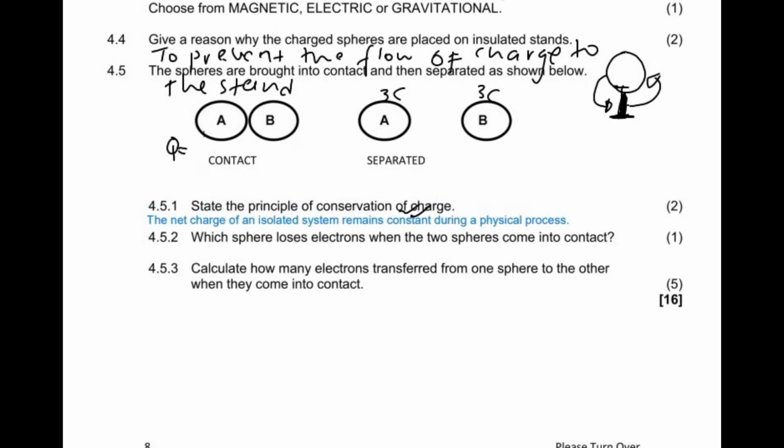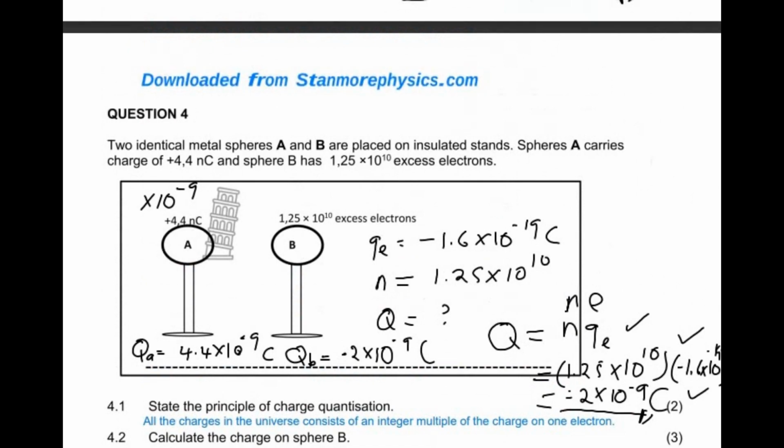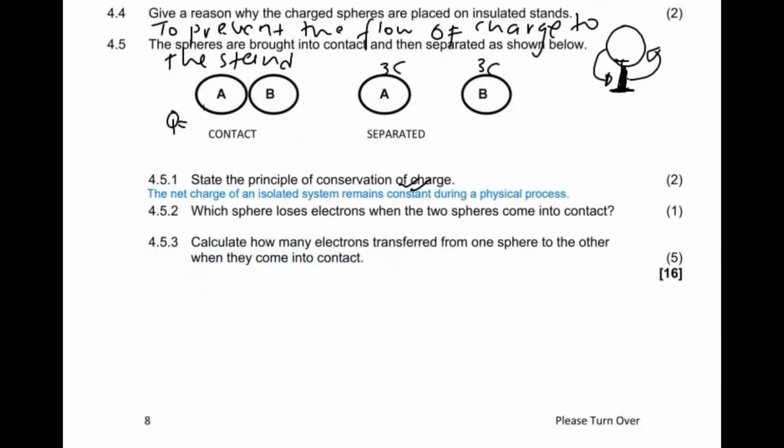How much was it? Let's go check. That charge was 4.4 multiplied by 10 raised to the power of minus 9. And the charge on B, QB, equals minus 2 multiplied by 10 raised to the power of minus 9 coulombs. So that is the charge.